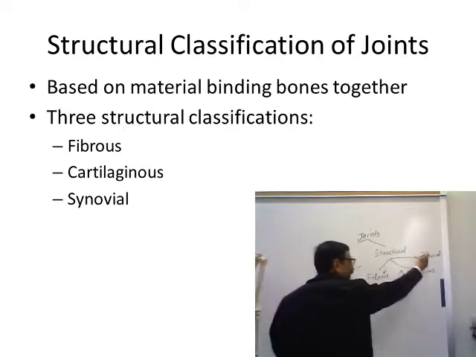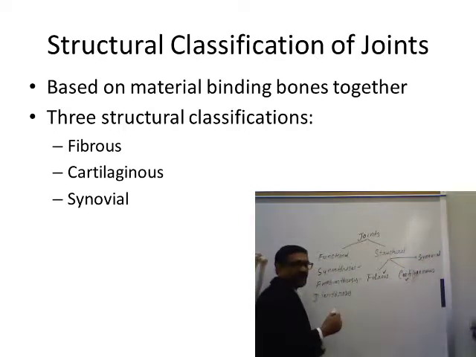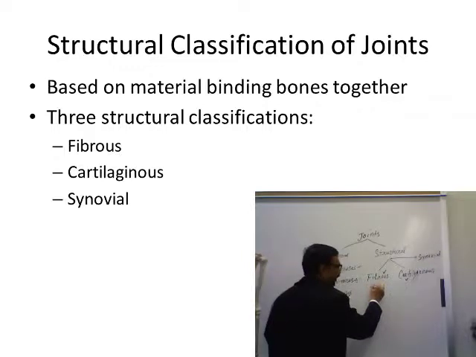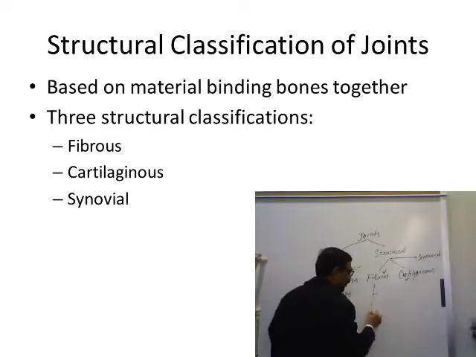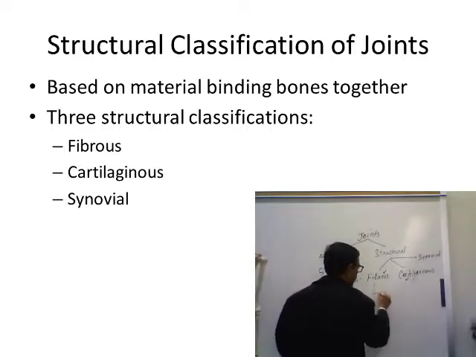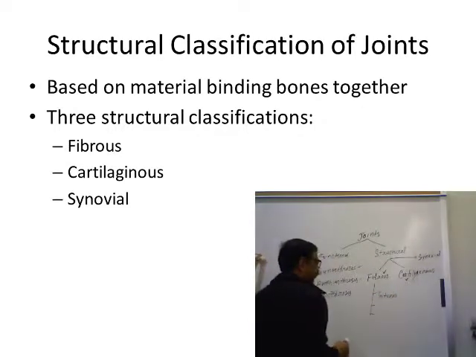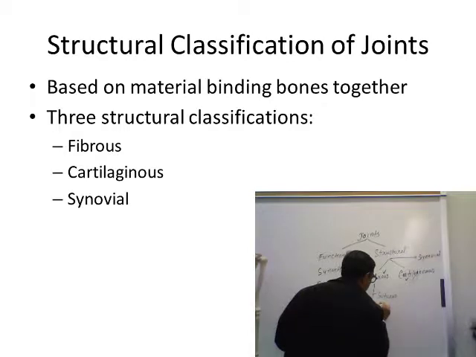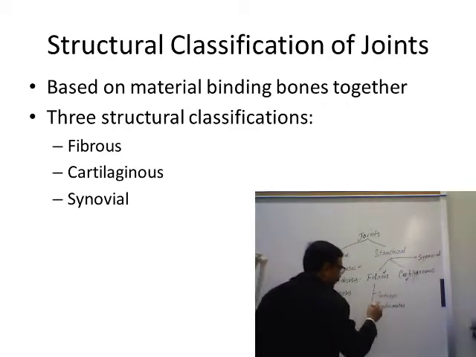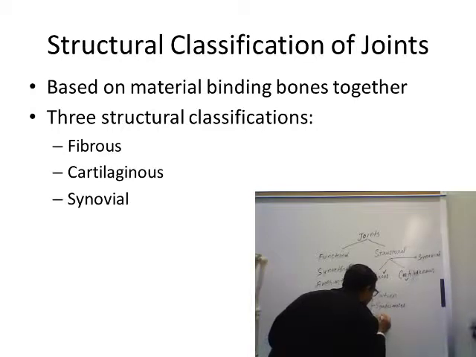Fibrous has different types, subtypes. There are three types of fibrous joints: sutures, syndesmosis, and another is gomphosis. Okay.